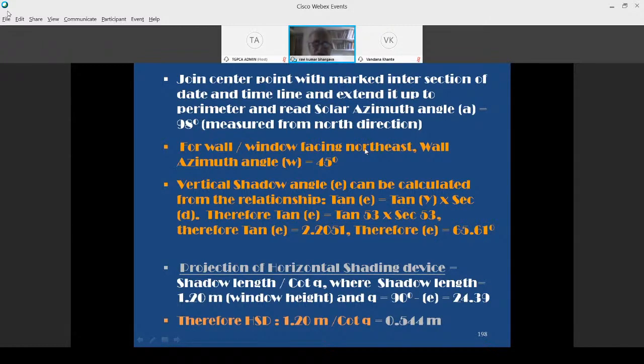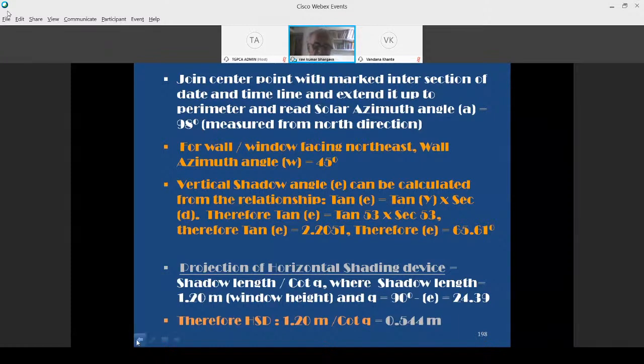Okay, then friend, we are required to calculate the vertical shadow angle in order to find out the projection of horizontal shading devices, and we are required to calculate the horizontal shadow angle in order to calculate the projection of vertical shading devices.